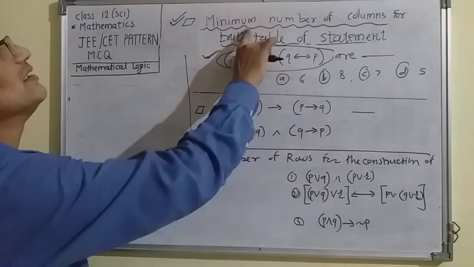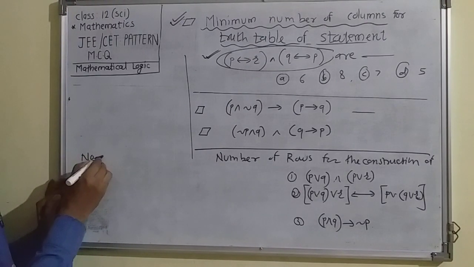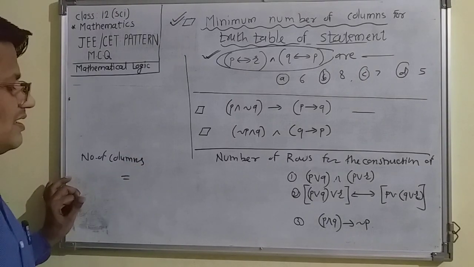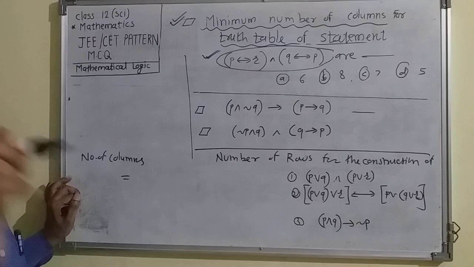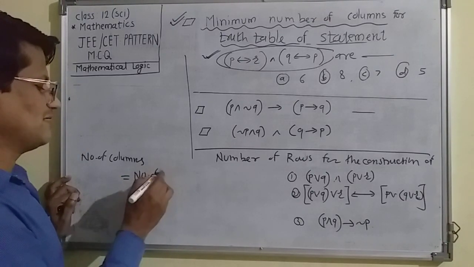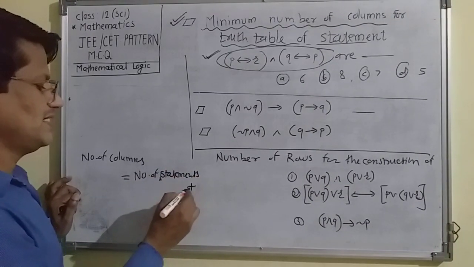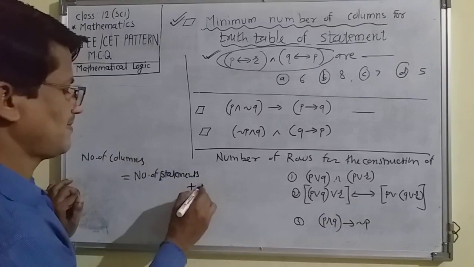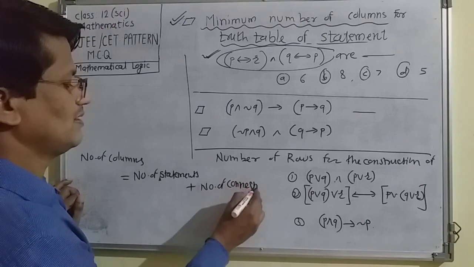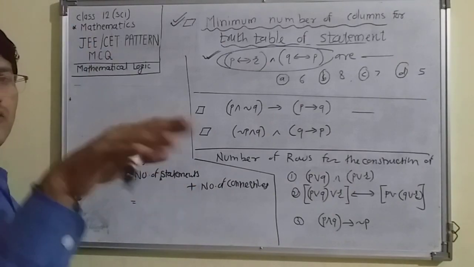The number of columns is calculated as the number of statements plus the number of connectives. This is a shortcut method to guess how many vertical columns are there.